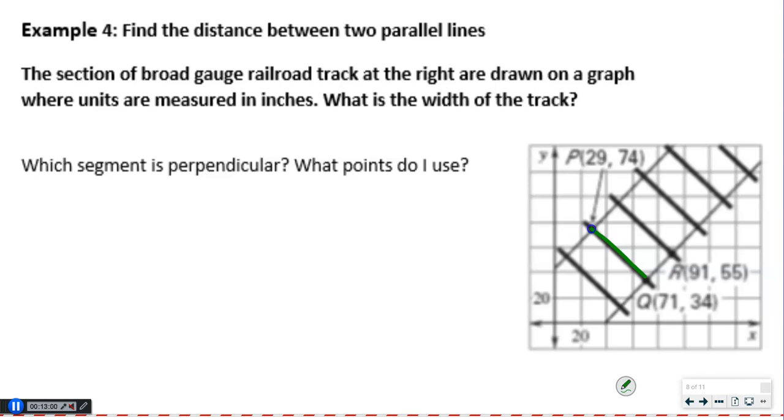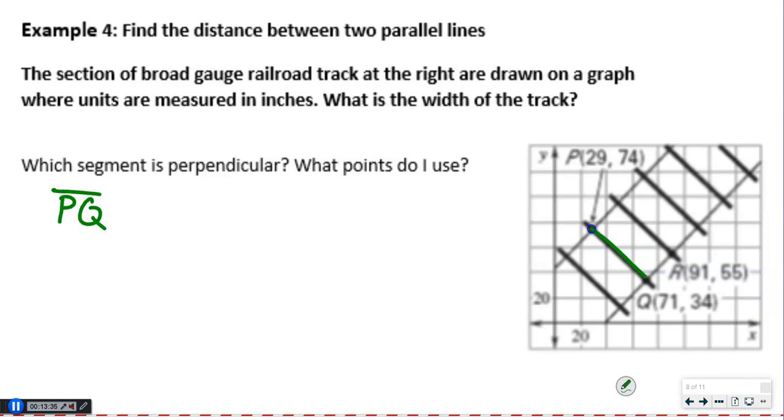So we need which segment is perpendicular and what points do I use? If it's a railroad track, we know that the rails are parallel, not perpendicular. So all of these cross sections are going to be perpendicular with it. So from P to Q is going to be our perpendicular, our segment PQ.